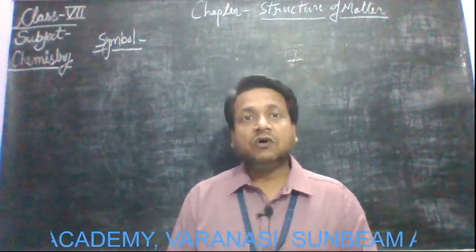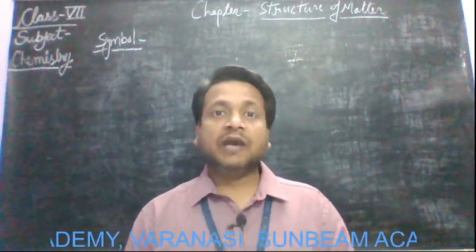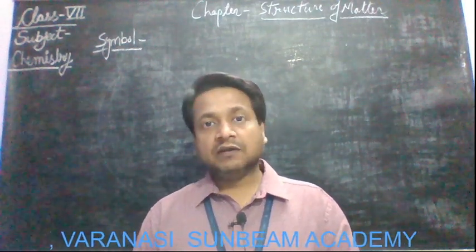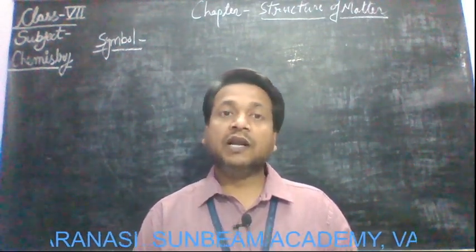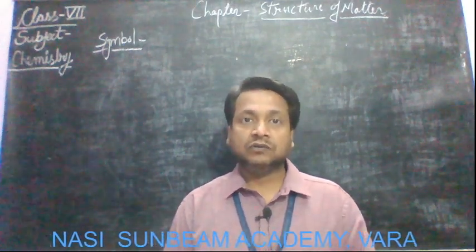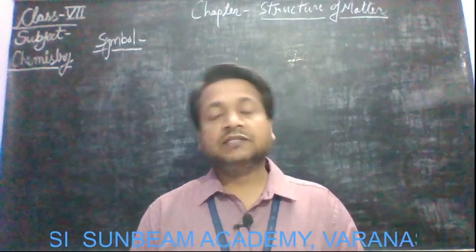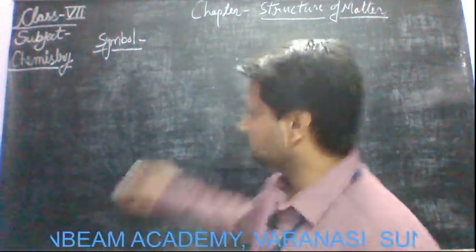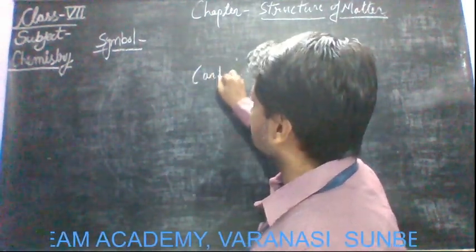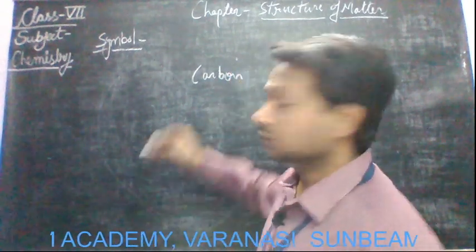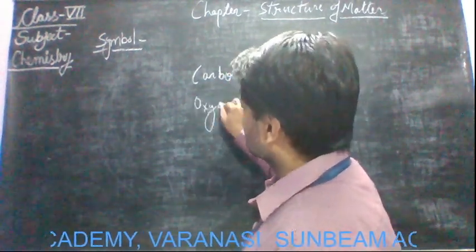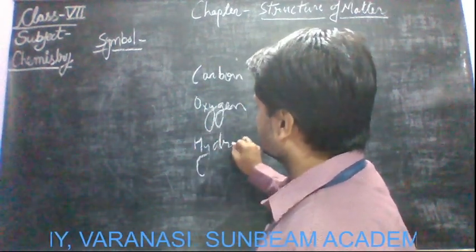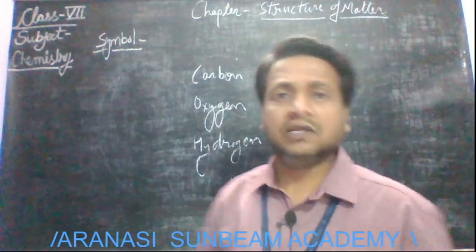Children, as you have already studied in the language of chemistry, there are a number of elements, approximately 118 elements are known, and all these elements have their particular names, like carbon, oxygen, hydrogen, and so on.